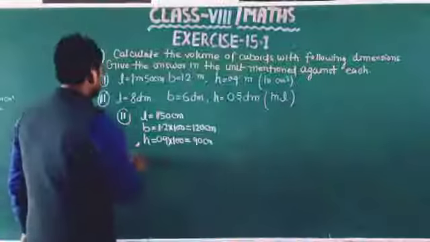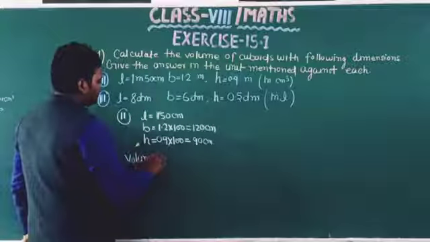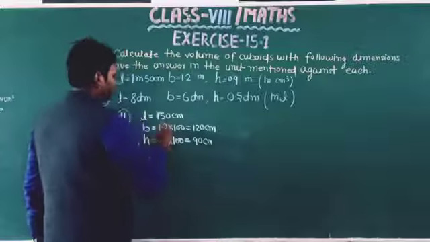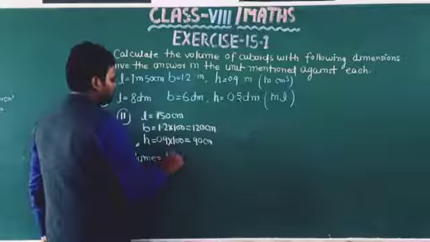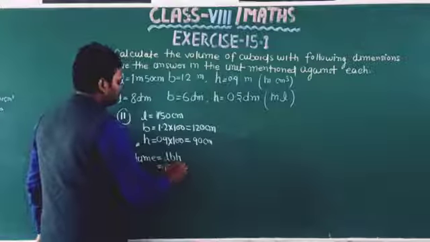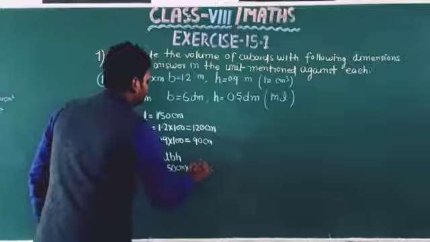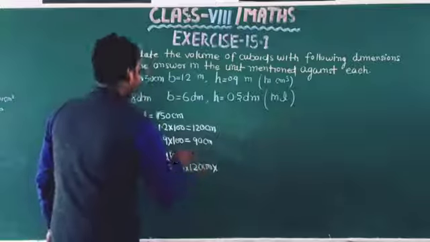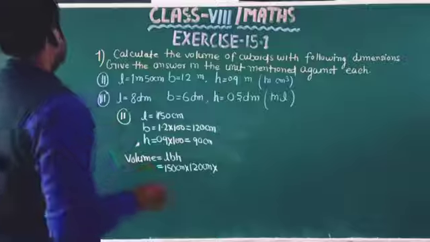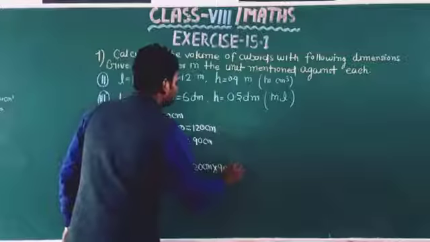Then volume occupied equals length into breadth into height. So length is 150 centimeter into breadth is 120 centimeter into height is 90 centimeter.